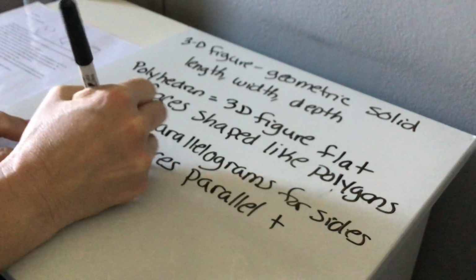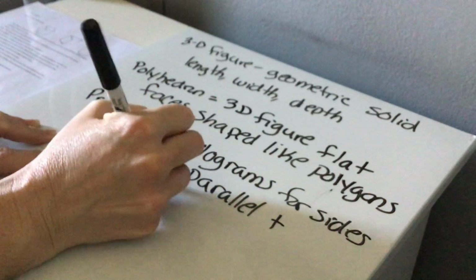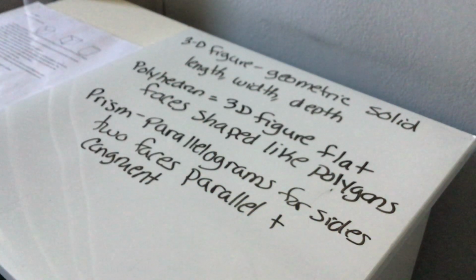And remember, congruent means they are the same size and same shape. The sides of the prism that are parallel and congruent are called the bases, and the sides that are not bases are called lateral faces.